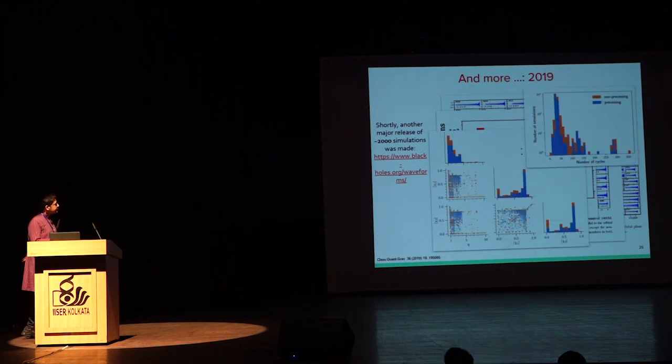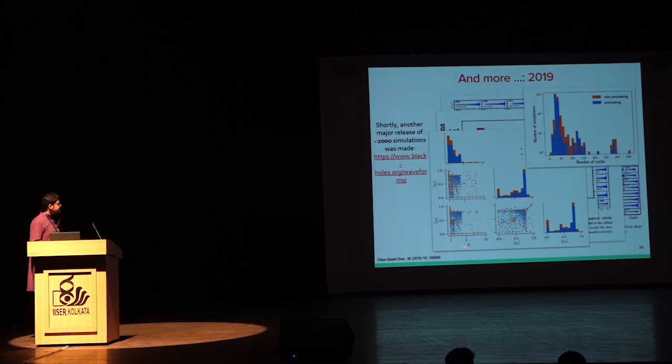Okay, so another update was released to this catalog the year after, where another set of 1,000 simulations were released, bringing the cumulative number of simulations that we have so far to about 2,000. And because it's hard to summarize this many simulations, this figure shows the distribution of the parameters of the binary that these simulations have been evolving.